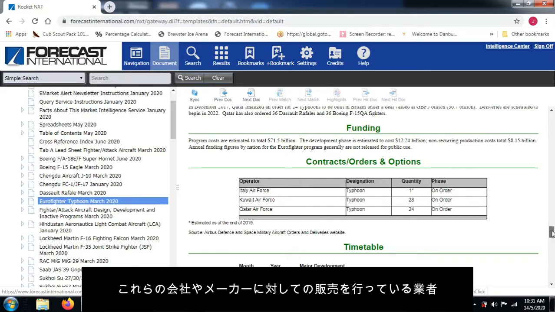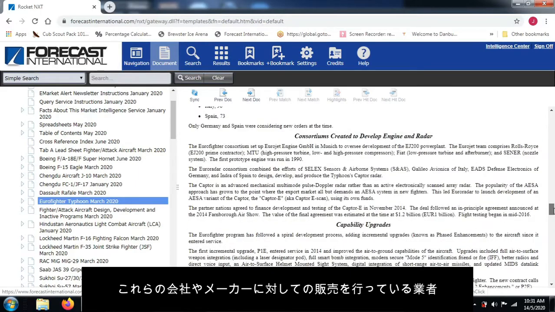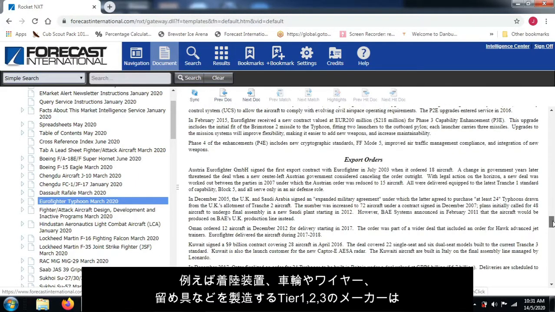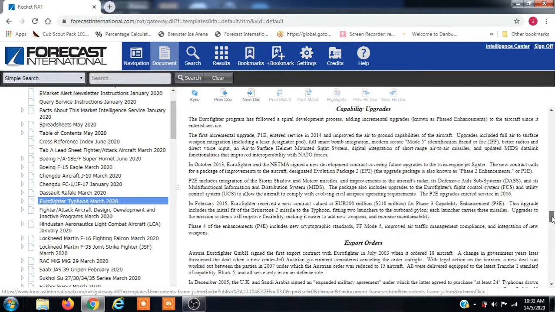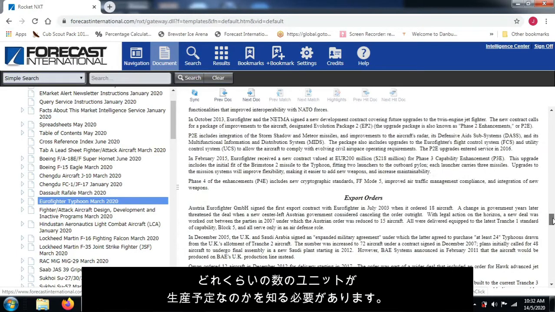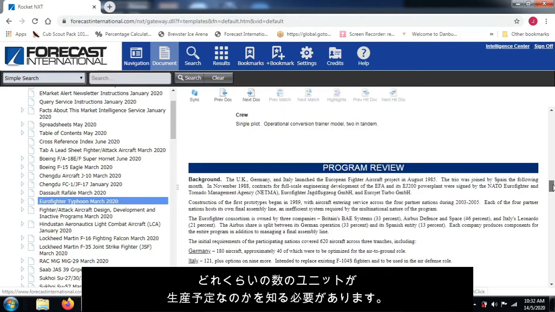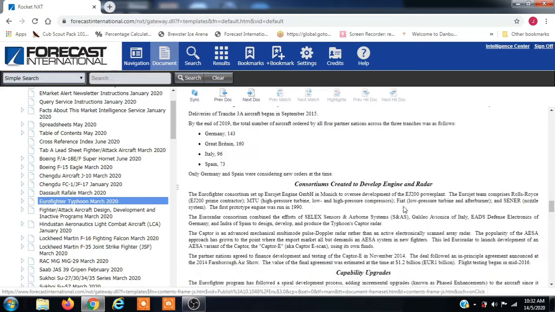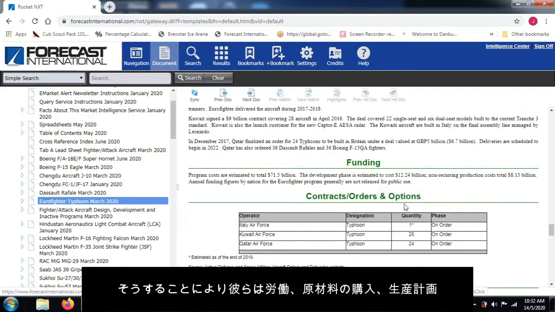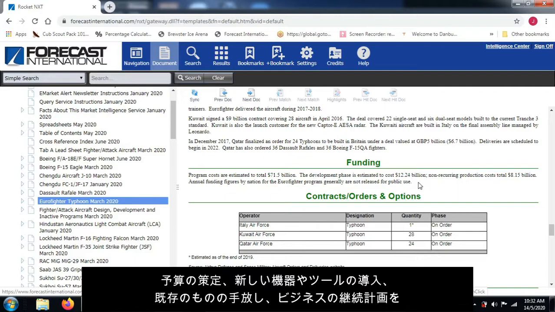Companies that sell to these manufacturers, such as your Tier 1 or your Tier 2 and Tier 3 manufacturers of things like landing gear, tires and wires and fasteners, need to know how many units are going to be produced so that they can plan their labor, raw materials purchases, production planning, budgeting, acquisition of new machines or leasing of new machines or tools, and other things to keep their business going.